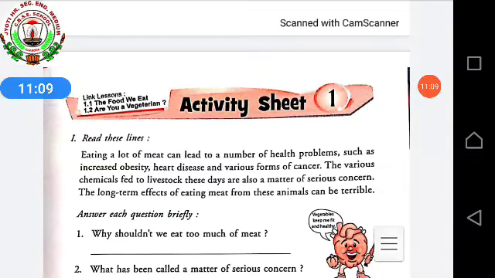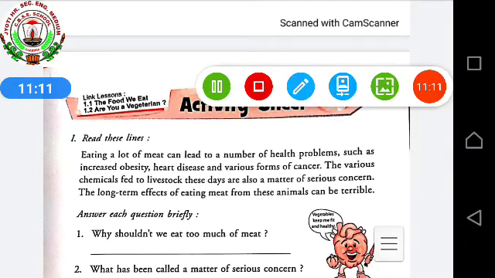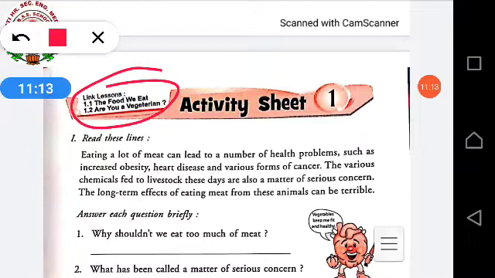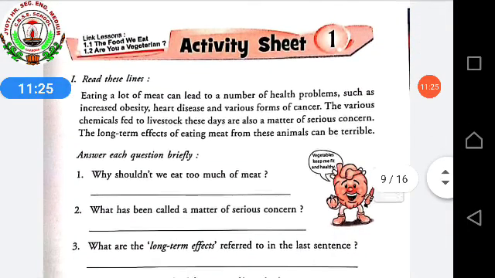See, it is given over here also. Link lessons, that is activity sheet 1 is linked with the lessons 1.1, the food we eat, and 1.2, are you a vegetarian? So let's start. Read these lines. These are a kind of unseen passage, you could say, but many answers are not in this para.